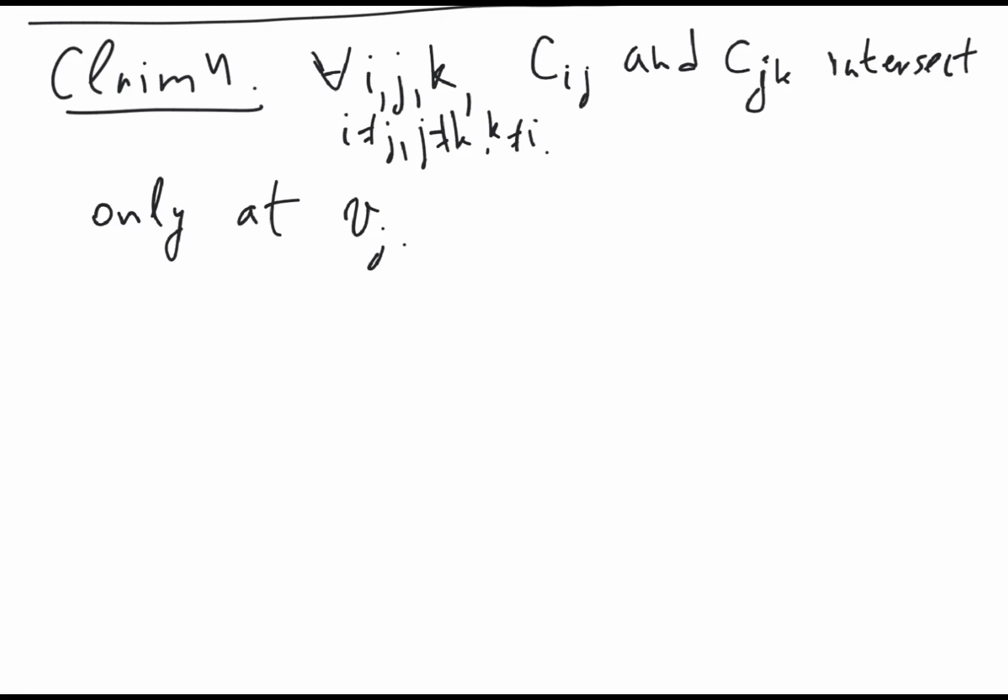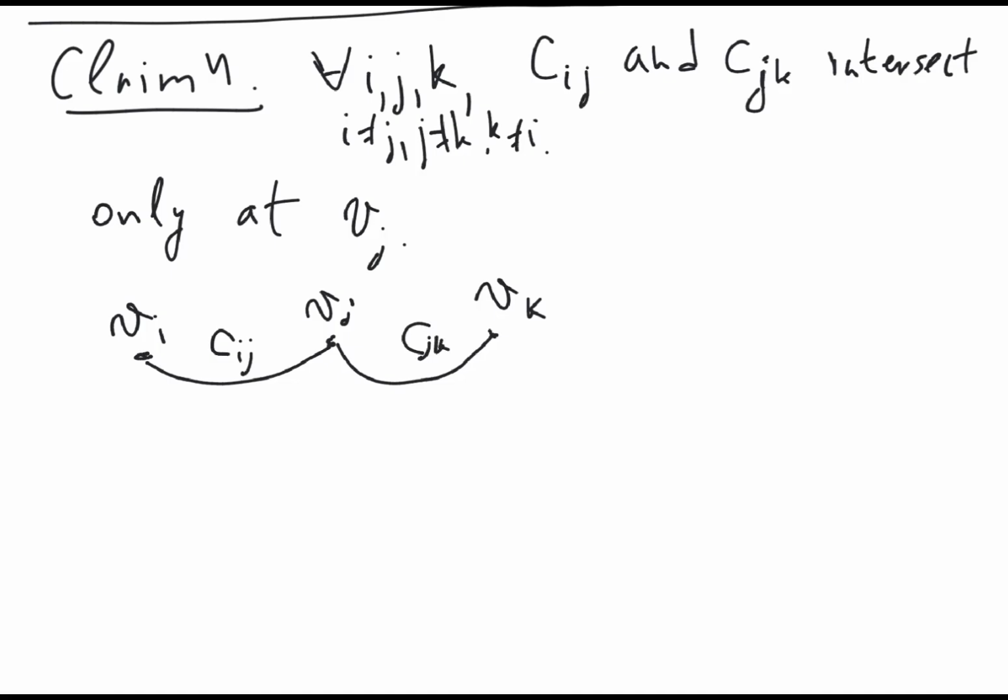So basically, we have vertex Vi, vertex Vj, and vertex Vk, and so the connected component Cij is a path, and Cjk is a path, and the only vertex where these two paths intersect each other is the vertex Vj.